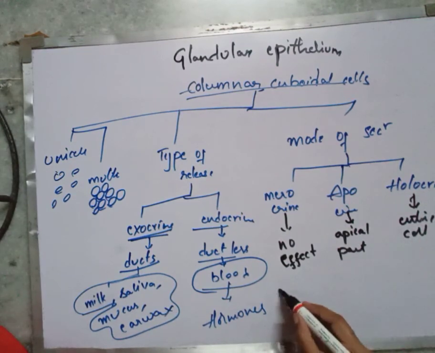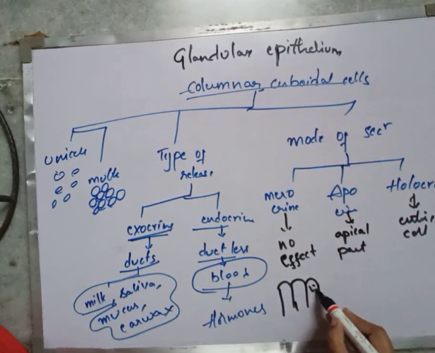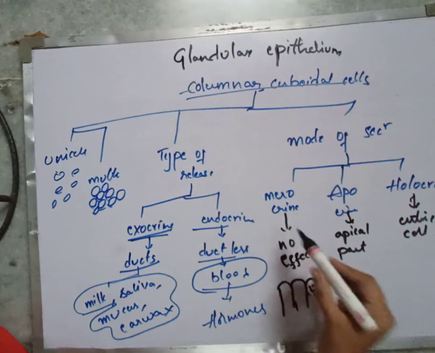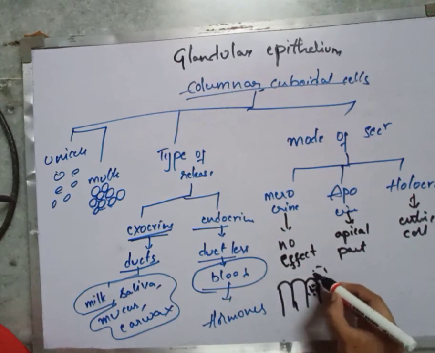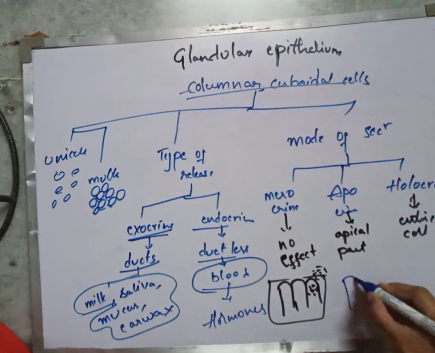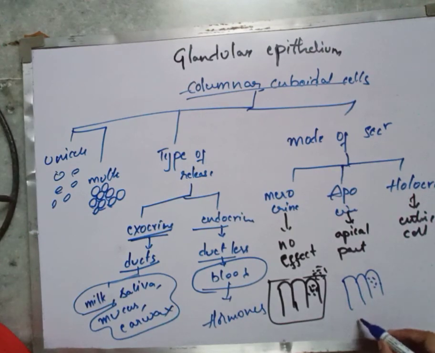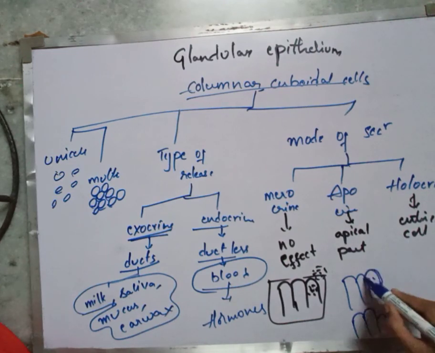See, if we take columnar cells, these are the secretions. In merocrine glands, the secretions are released out without causing any damage to the cell. If we take apocrine, these are the cells and these are the secretions. It finally results in this part being pinched off and released as secretions.